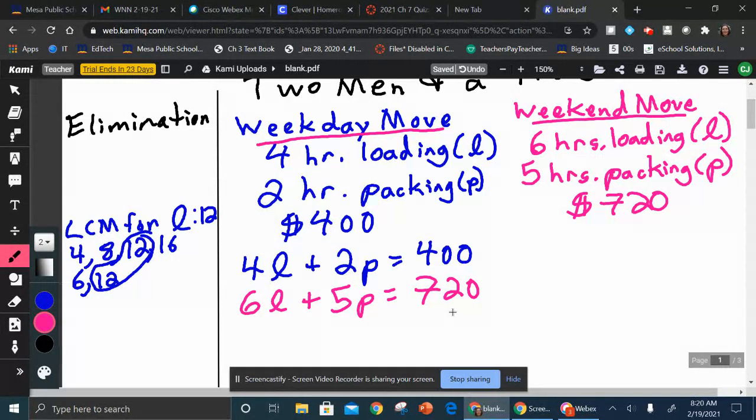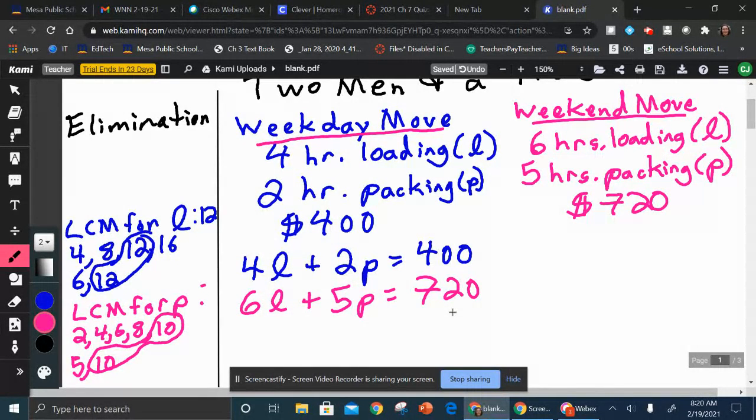And then for the least common multiple for packing, I'm looking at these two numbers, 2 and 5. So 2, 4, 6, 8, 10, and then I count by 5: 5, 10. I can stop right there at 10.